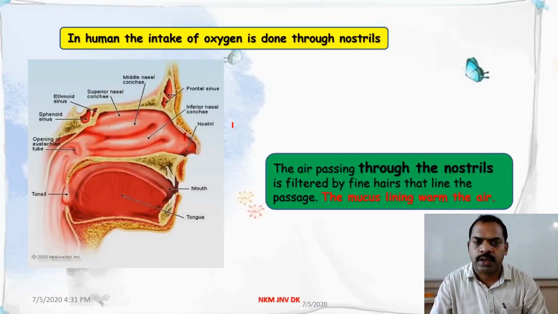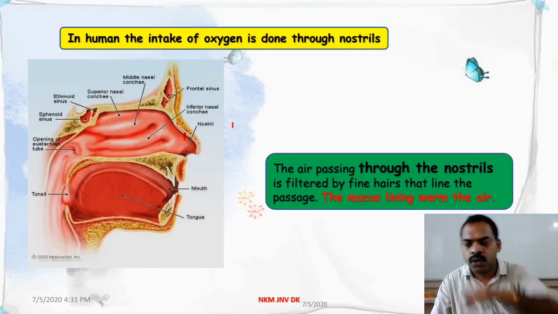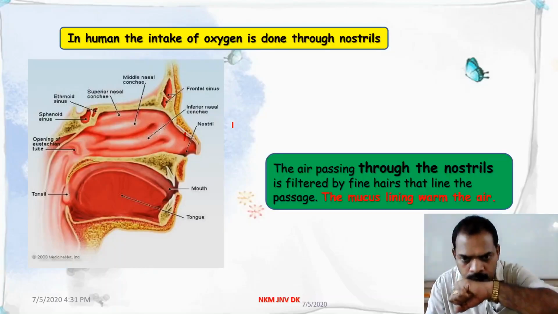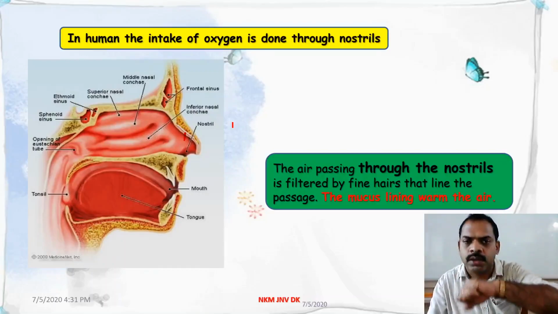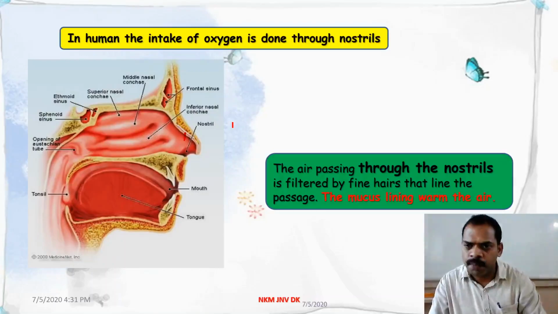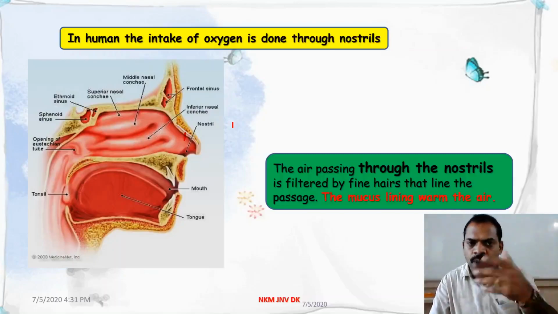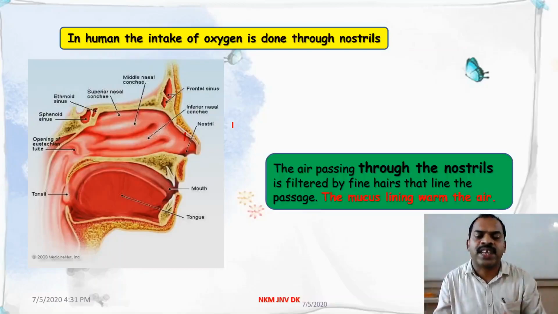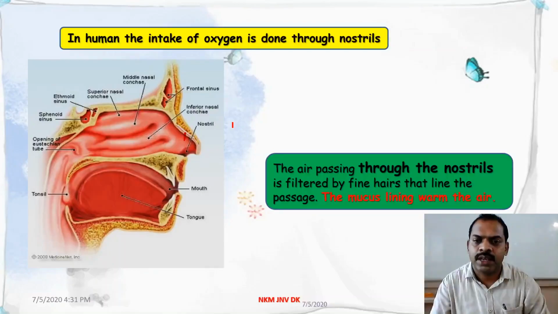How do we know that? Just hold your palm like this. Breathe out. Again. Is it warm? This warmness, we have already learned, means warm air has more kinetic energy and can diffuse better in the lungs.